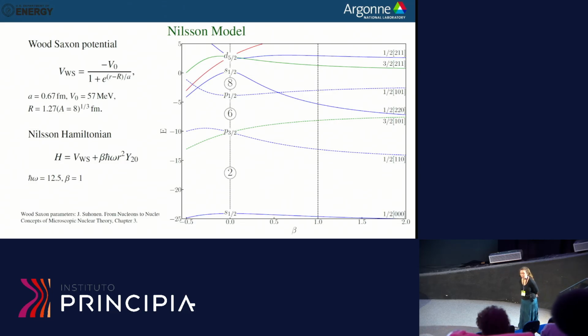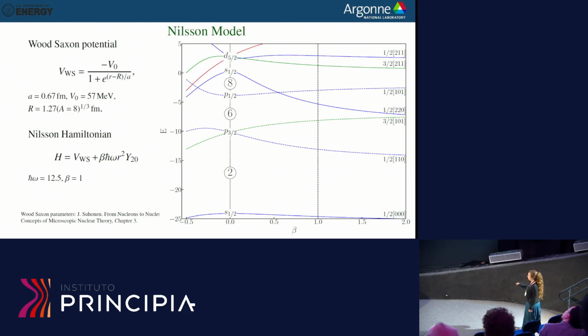What happens when you add in deformation is you no longer have rotational symmetry, you no longer have good angular momentum, and so these different orbitals that you can then start putting your particles in won't have good J, they do have good M sub J. For example, this blue dashed line, coming from the 0p3/2 orbital, will be some linear combination of p3/2 plus p1/2, because they both have M sub J equals a half.